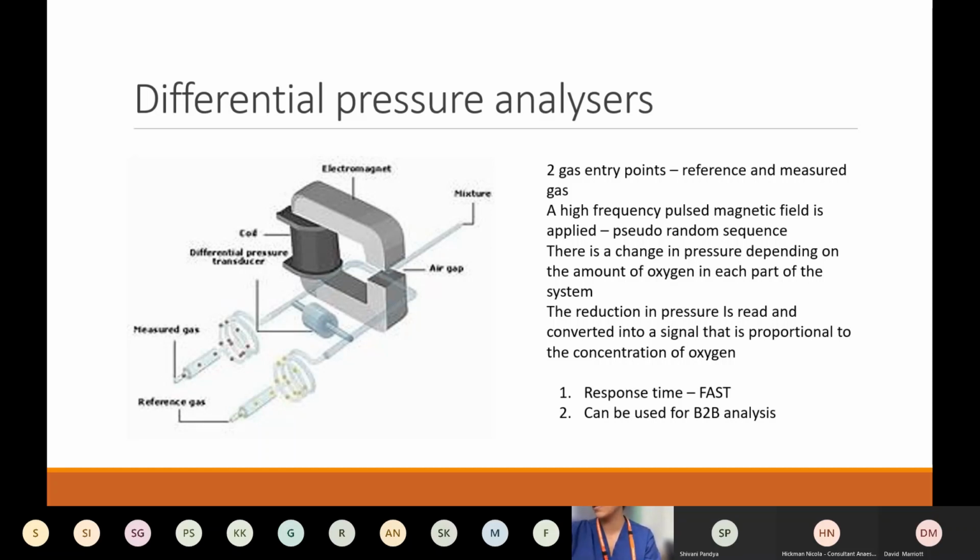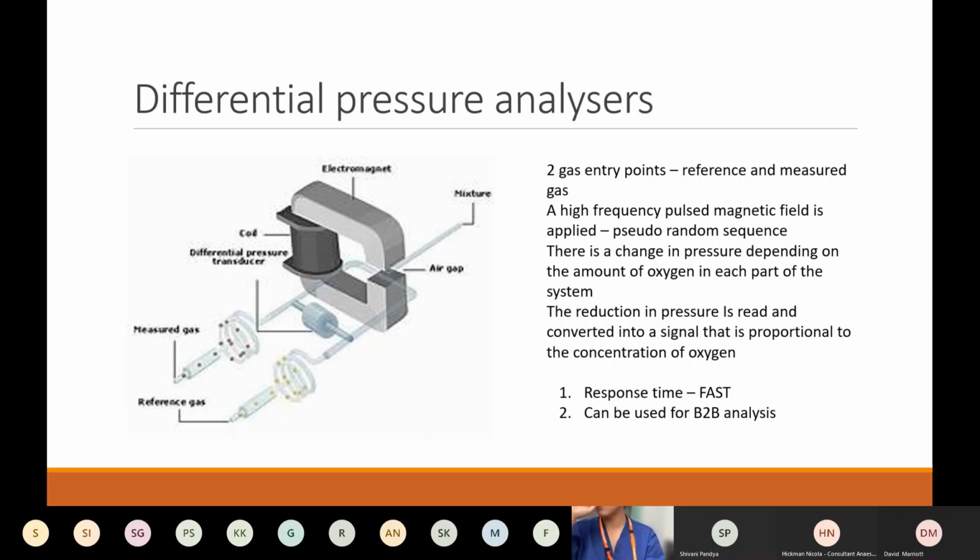You've got a reference gas entry point, which is usually air, and you've got the measured gas, which is whatever gas mixture you're giving. They are introduced into a system that has two arms, and between the two arms there is a differential pressure transducer. The two arms link at the top, and then the mixture comes out at the back, and where the two arms are linking, there is an electromagnet at that particular point.